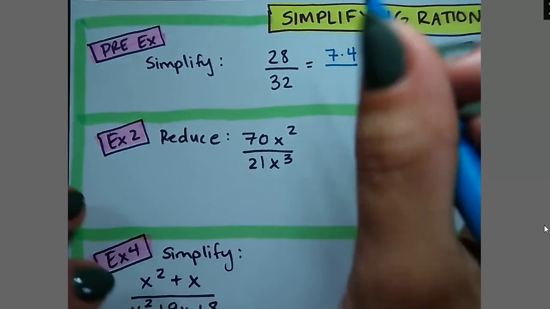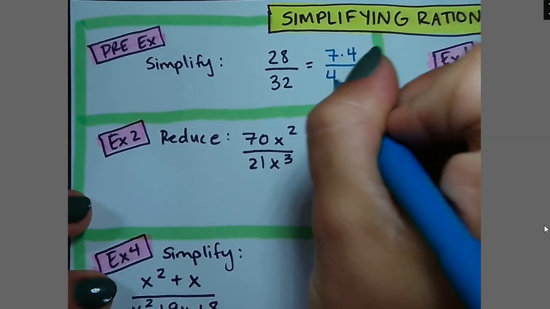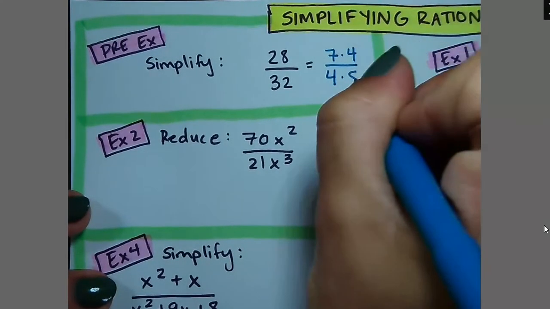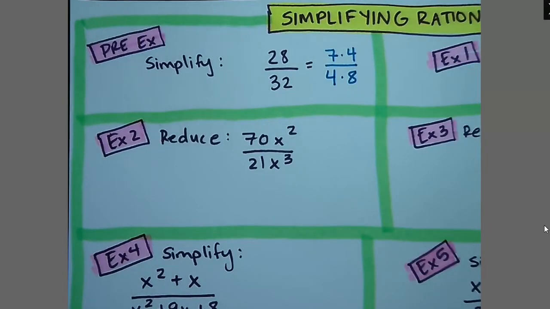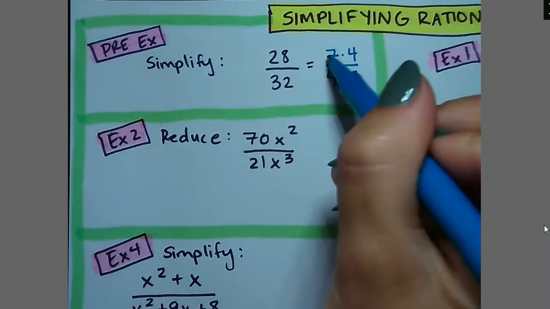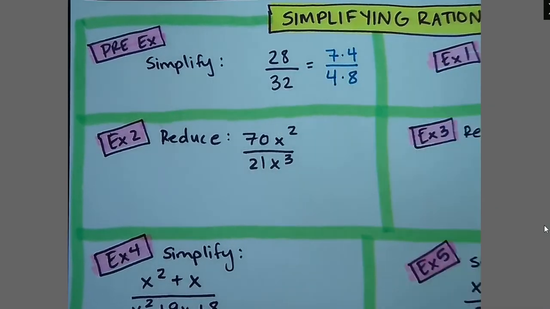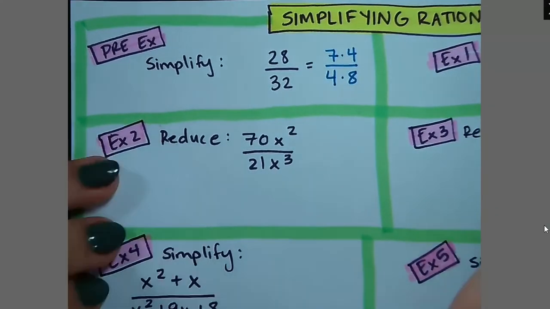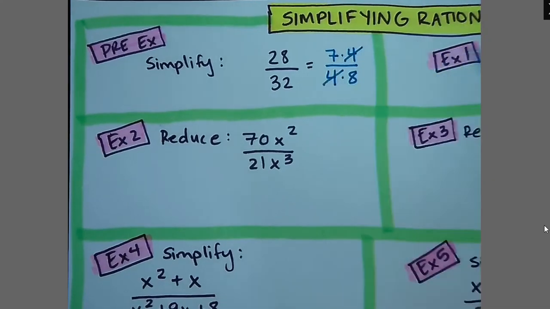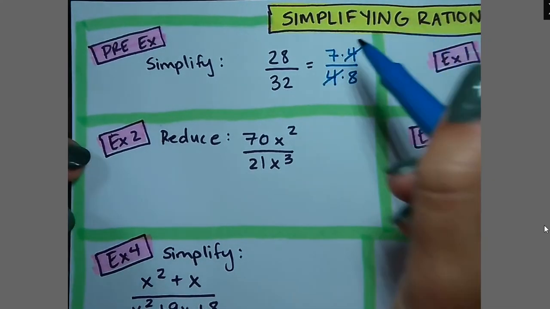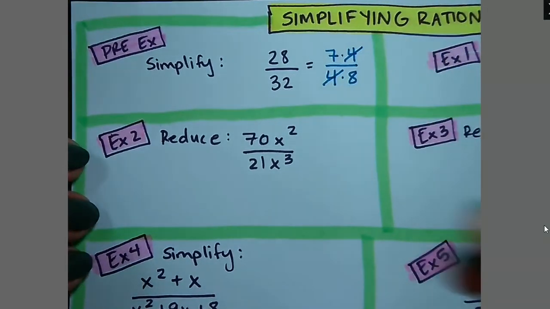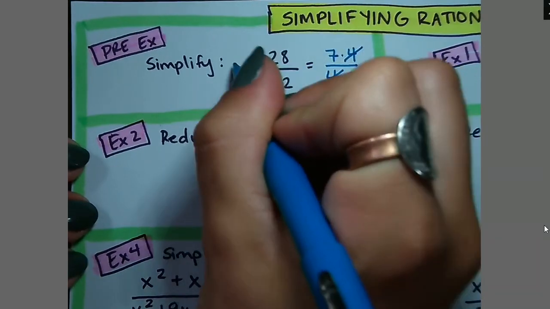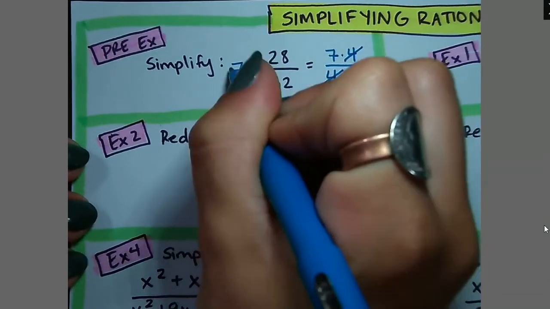So we're going to do 4 and 8, sorry, 4 and 8. Now that we have reduced this fraction into each of their factors, we're just going to cancel out what we see. So we're going to cancel out these 4's here, and we're going to be left with 7 eighths. So this reduces to 7 eighths.